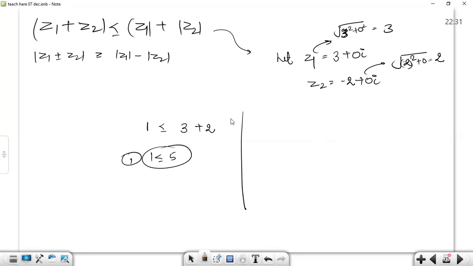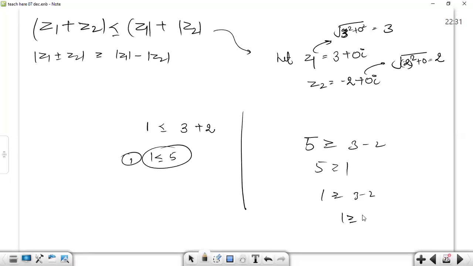First, the sum. We have already seen the sum, that is 5, and 5 has to be greater than the difference between these two, 3 minus 2. The modulus of 3 is 3. The modulus of 2 is 2. There's a negative sign in between. So 5 is greater than 1 for sure. Let's take the difference. So 3 minus 2 is 1. It should be greater than or equal to the modulus of z1 minus the modulus of z2, that is 3 minus 2.